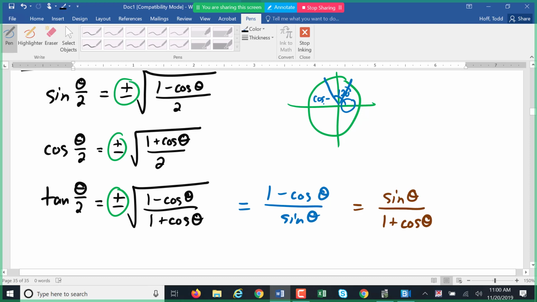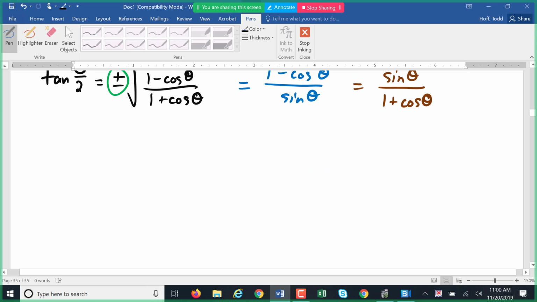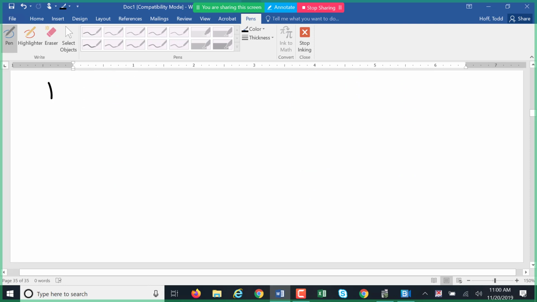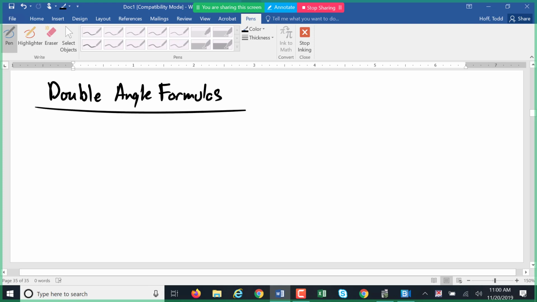Okay, since we have a little time here, I do want to talk about double angle formulas. Now the double angle formulas could be found simply by doing the angle sum formulas using the same angle.